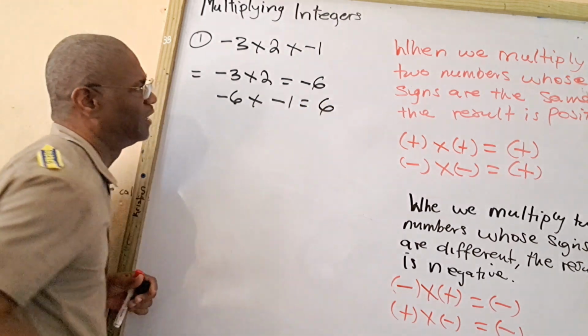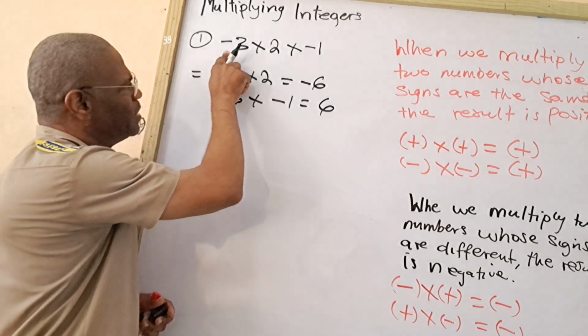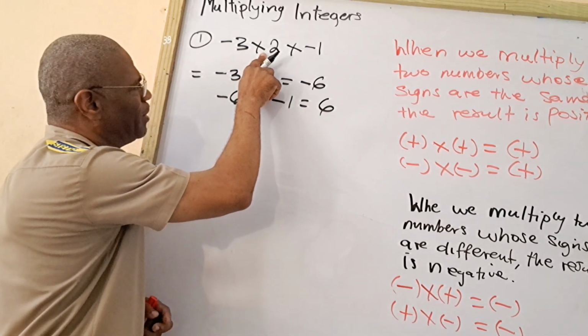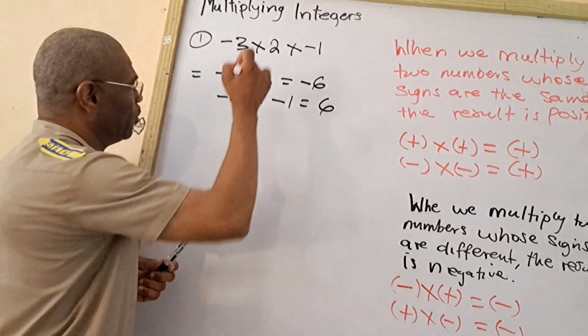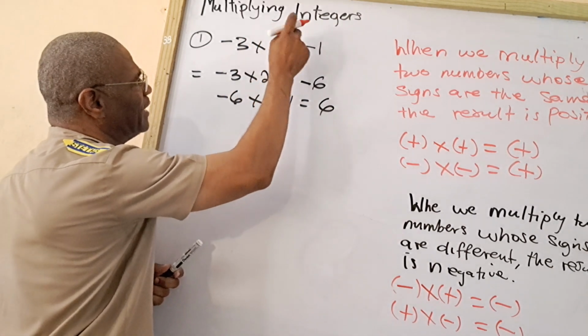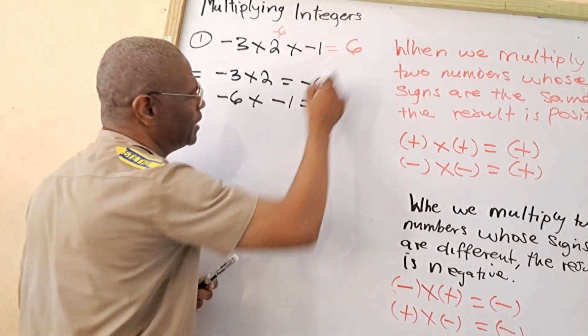Negative 3 times positive 2 equals a negative 6, and negative 6 times negative 1 equals a positive 6.